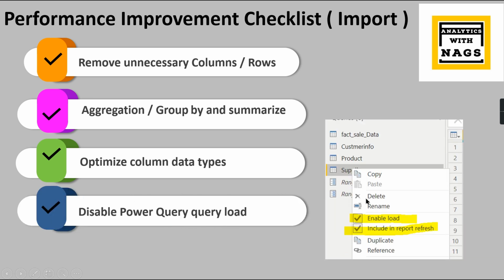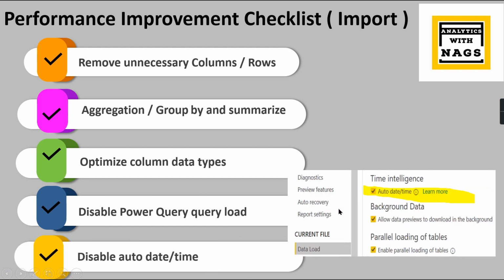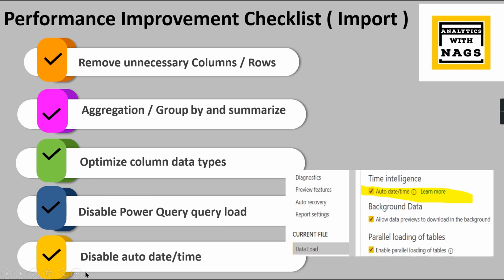Disable the Power Query query load. I will explain this while doing the demo in this video. Another factor is to disable auto date time. See, this is very important. In your source or in your model, you have many date columns, and once you enable it, all the date columns will create their own tables.